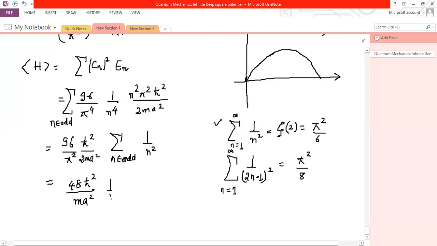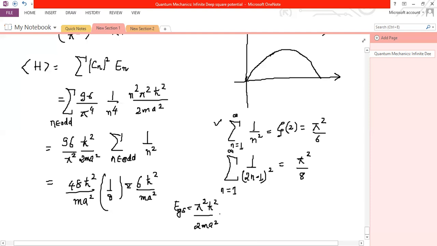So you'll get 1 upon 8, and it is almost equivalent to what? It is equal to 6 h cat square upon ma square. And if you remember, your ground state energy was what? Your ground state energy was simply pi square h cat square upon twice ma square. And if you approximate pi even as 3, so this is 3 square, so it is around 4.5.